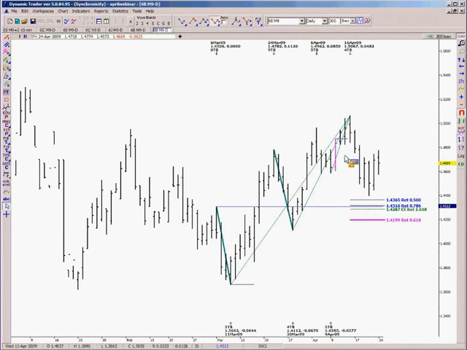Use the tool from 3 points, so I'm measuring a high to a low, and then projecting from the high. And then I'm measuring that second swing. I'll take the high to the low, and then project from the 3rd point.